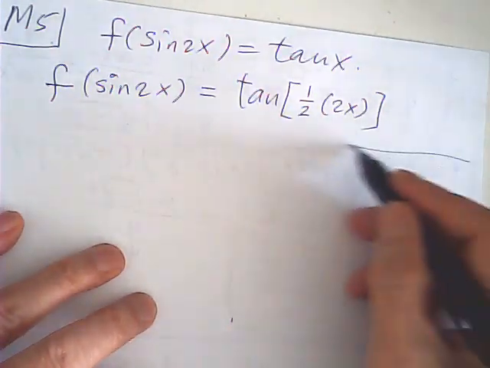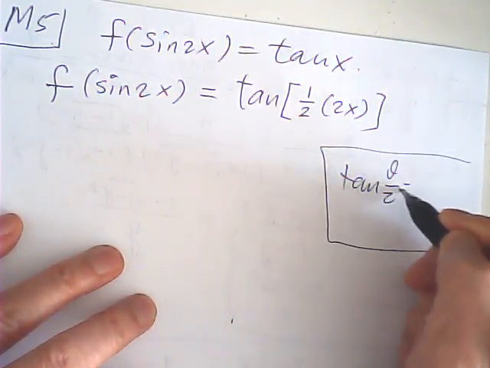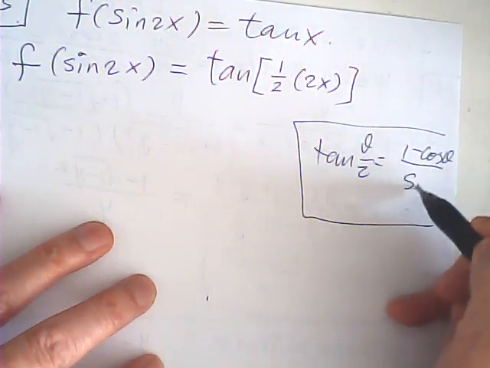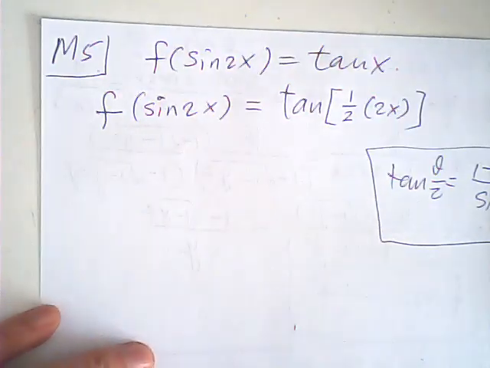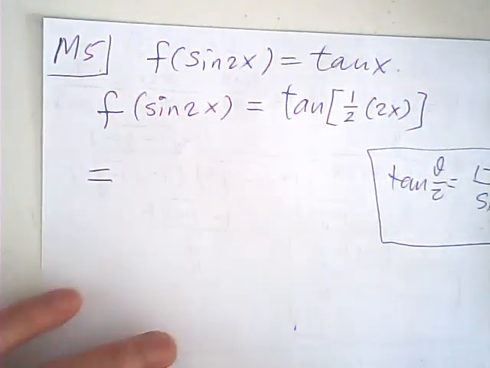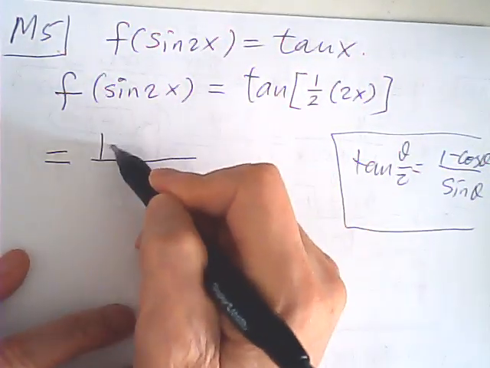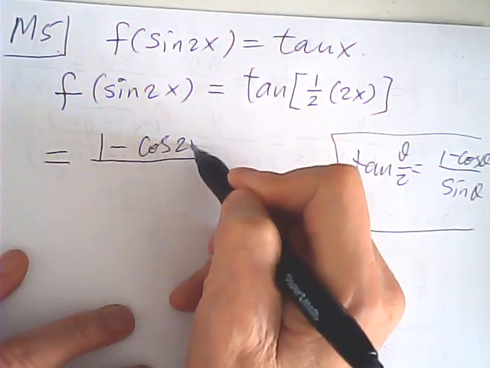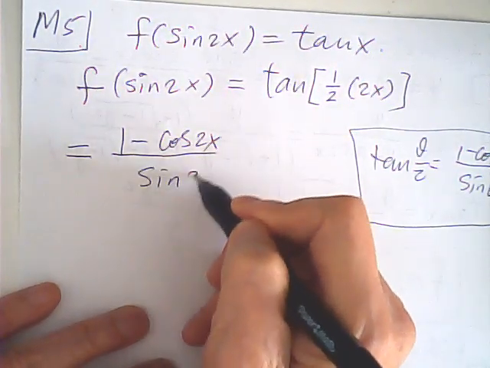Well, let me write the formula here. Tangent of half theta is equal to 1 minus cosine theta over sine theta. Well, we have used this formula several times now. So this one is equal to 1 minus cosine 2x, right, over sine 2x.